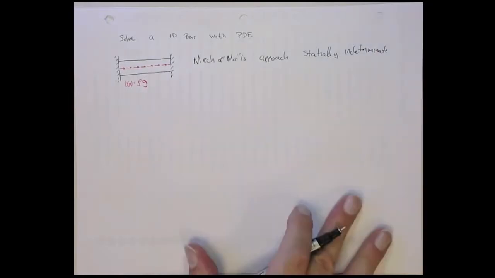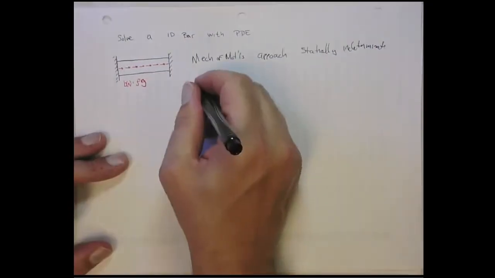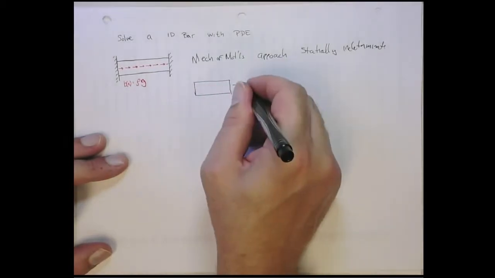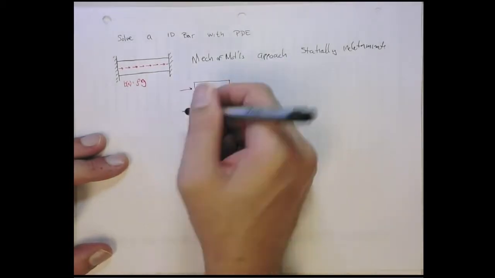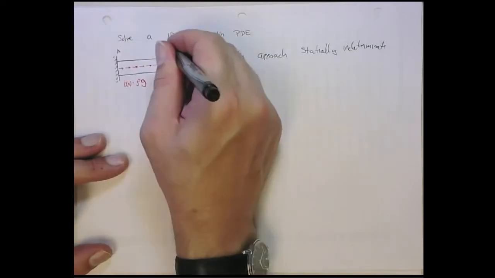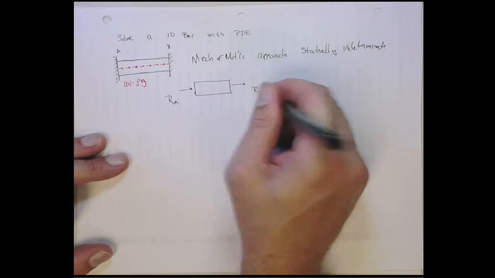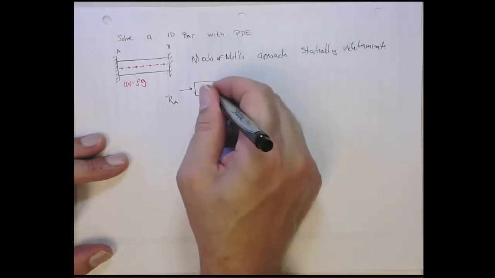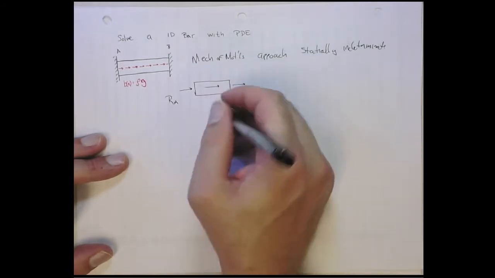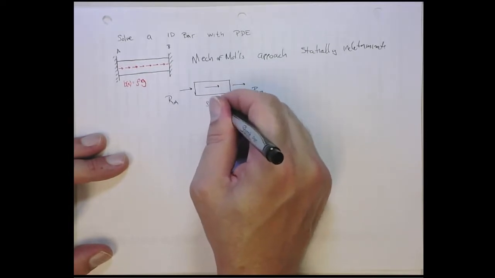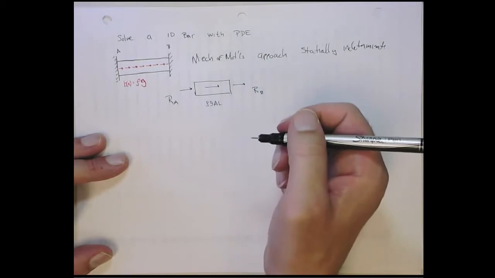So the way you solve for this, if you look at the free body diagram, you've got two reaction forces. Let's call this point A and point B. So we have a reaction at A, a reaction at B. You've got a net force on here of rho g A L, right?